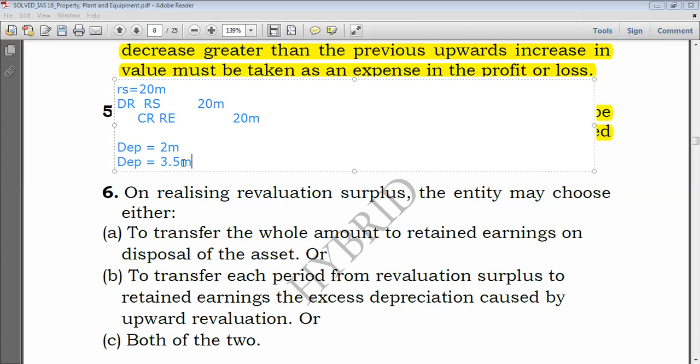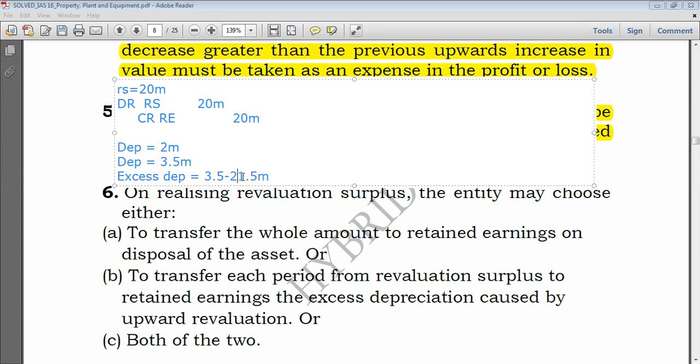So when you reach the statement of financial position, you remove some amount. Let's say 3.5 minus 2 is how much? Excess. We call it excess depreciation. Excess depreciation is actually 3.5 million minus 2 million, ending up with 1.5 million. This is the excess depreciation.